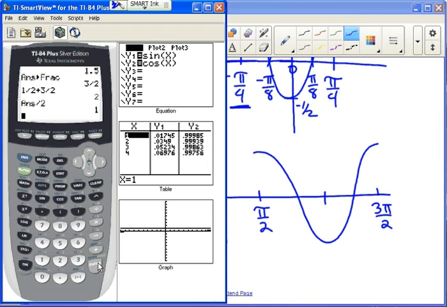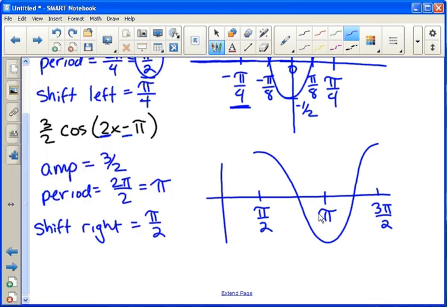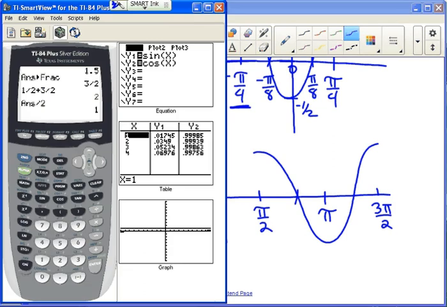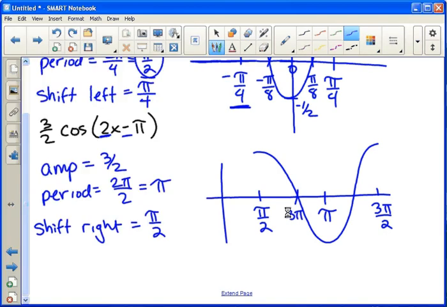That's the middle of 1/2 and 1. So we get 3/4, or 3 pi over 4. Just to save time, I'll go ahead and tell you that this one will be 5 pi over 4 if you add these two together and divide by 2. And we know based on our amplitude that this peaks at 3/2 and goes its lowest at -3/2.